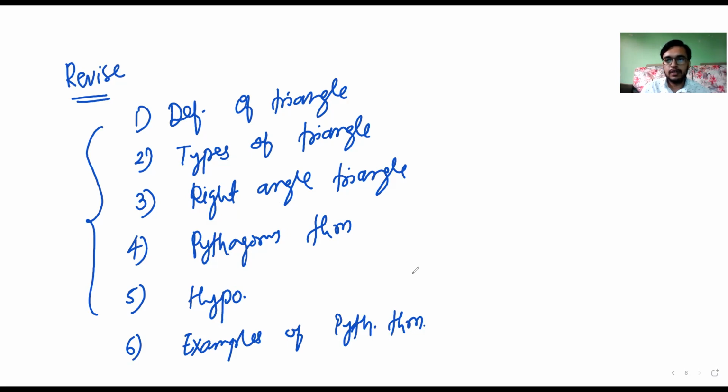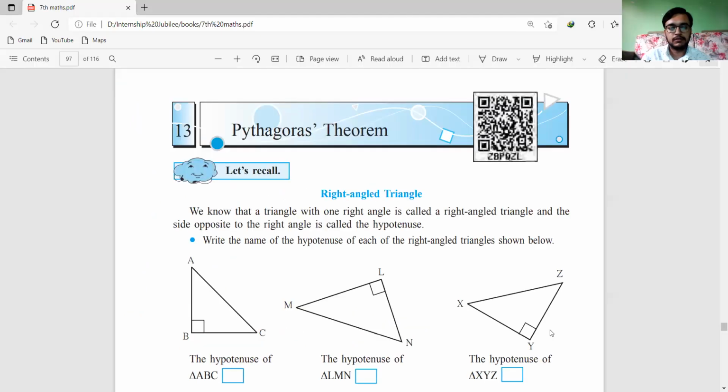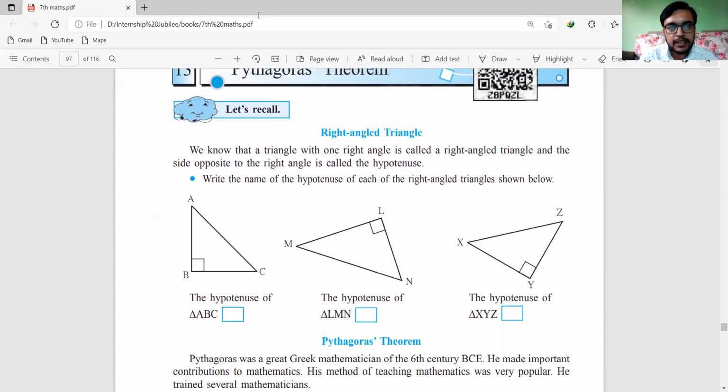Now let's try to solve some examples from the book. Here is the right angle triangle. What is a right angle triangle? We know that a triangle with one right angle of 90 degrees is called a right angle triangle, and the side opposite to the right angle is called the hypotenuse.